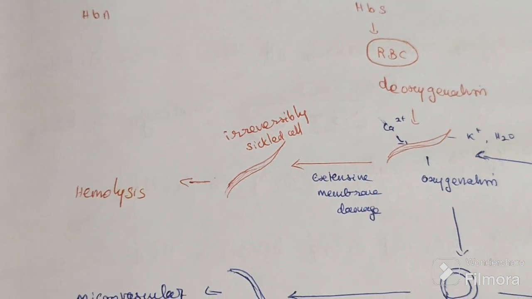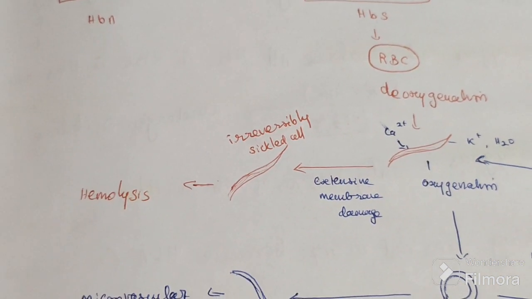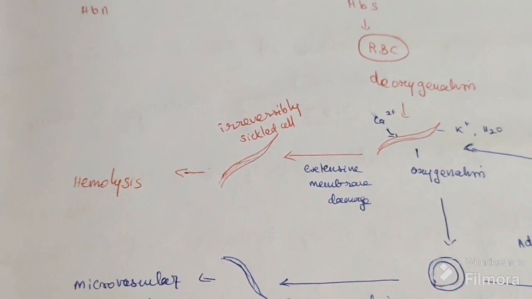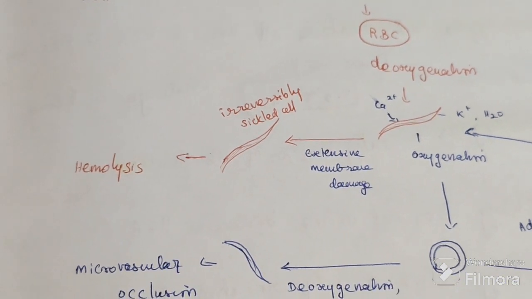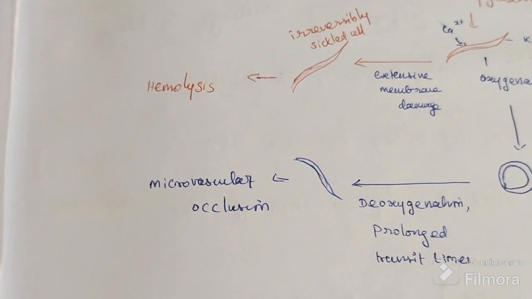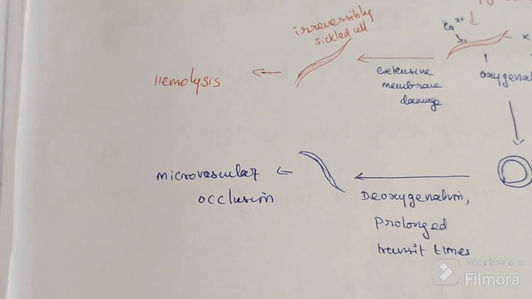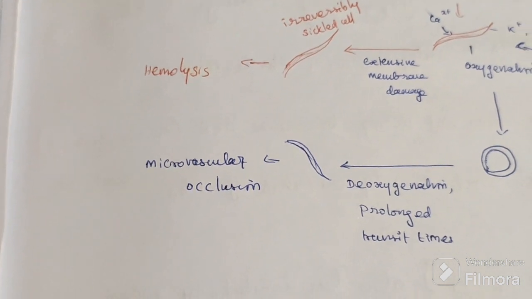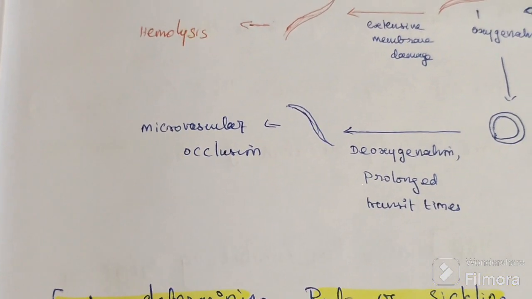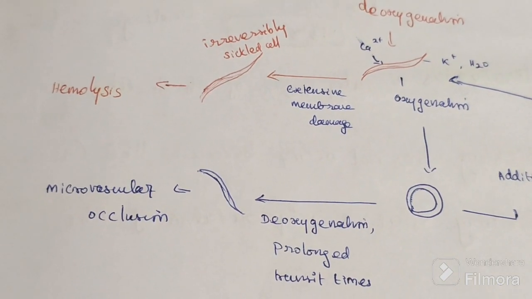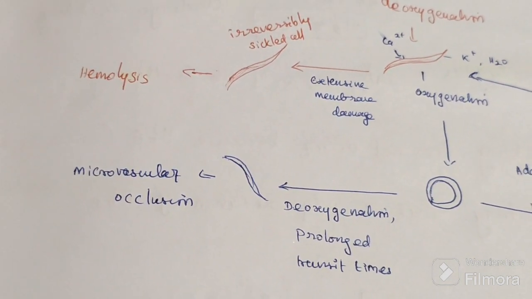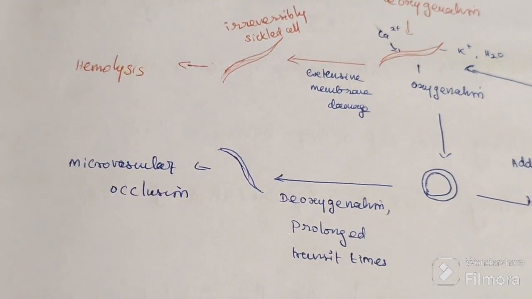So sickling is reversible initially, but sickle shaped RBCs are sticky. That's why they cause microvascular occlusions. But later on, the sickling becomes permanent because the cell membrane is damaged, and such sickle shaped RBCs are removed by phagocytosis by the splenic sinusoids, which leads to extravascular hemolysis.